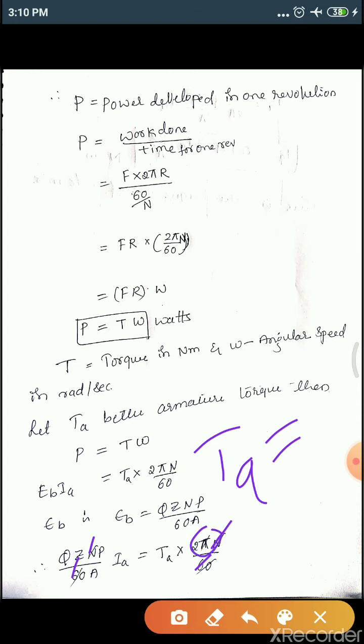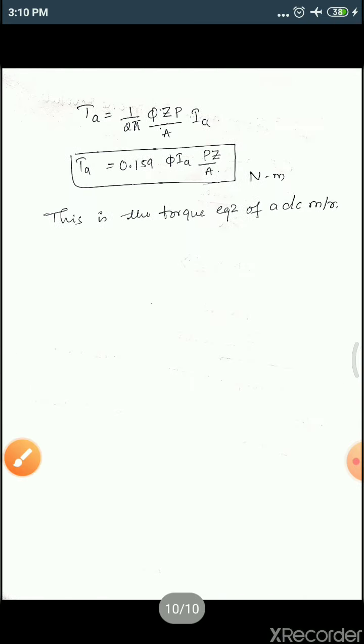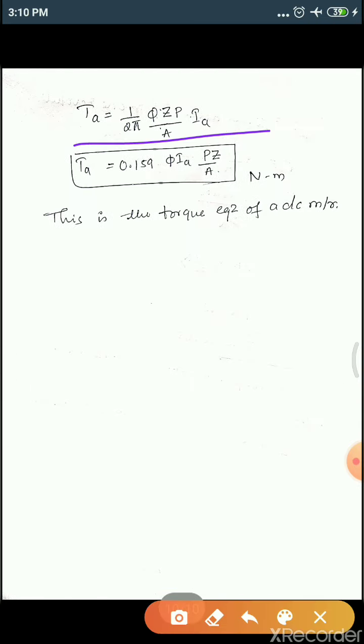What we require is Ta. Sending 2 pi to this side, it will be 1 by 2 pi, and the remaining terms are phi Z P by A into Ia. Rearranging, 1 by 2 pi is nothing but 0.159, so Ta equals 0.159 phi Ia P Z divided by A, the armature torque, or torque equation of a DC motor, in newton meters.